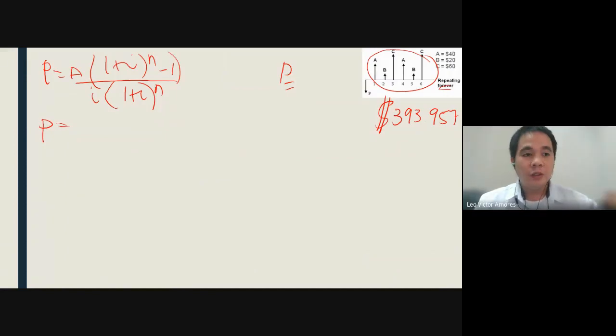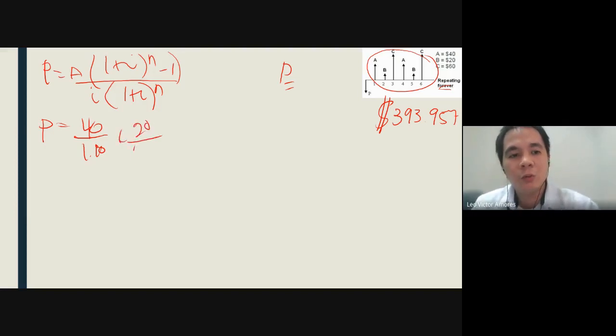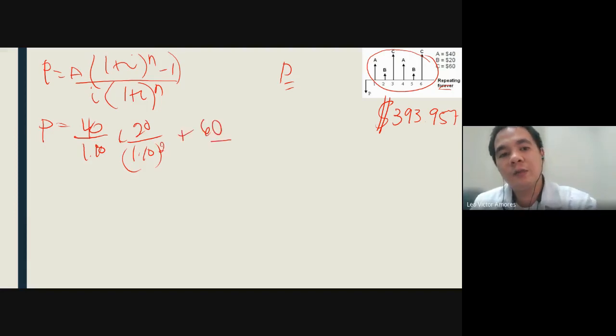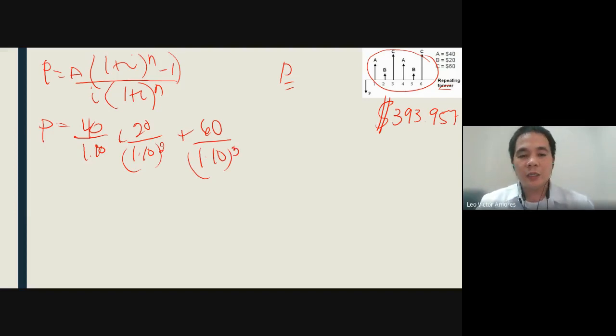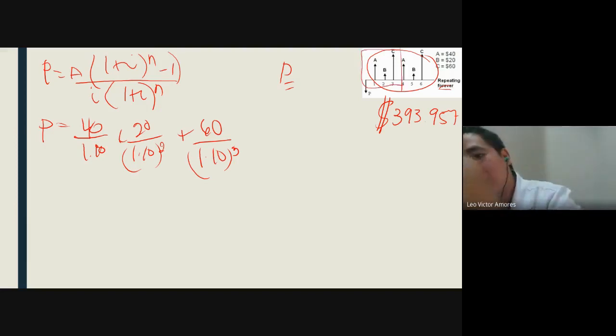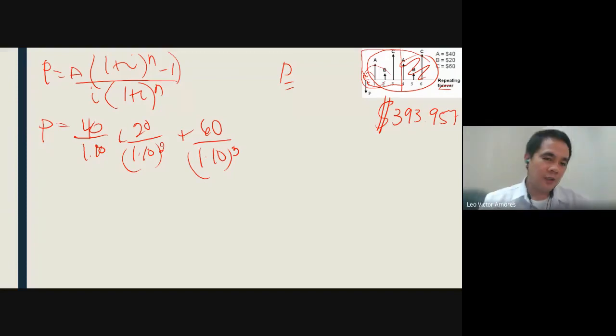So, ang formula nimo is 40 over 1.10 plus 20 over 1.10 to the power of 2 plus 60 divided by 1.10 to the power of 3. Kinsay na question regarding ana? Kani siya, 1, 2, 3, kay 10% kung gihatag ninyong interest rate.